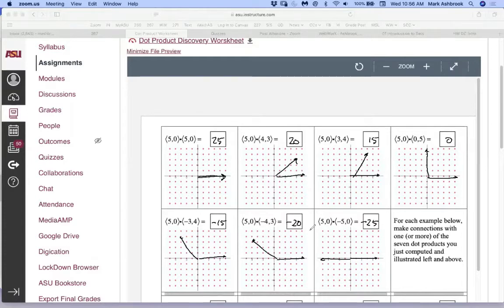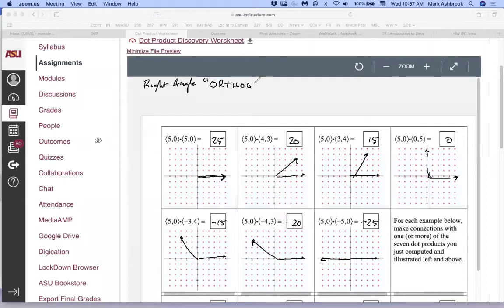And then when you work the ones below, you got these same values. The idea was to try to make some observations, some generalizations about what this number means relative to your original 2 vectors that you're taking the dot product of. One generalization you might have come up with was when the vectors are at a right angle, for vectors we call that perpendicular, or orthogonal.